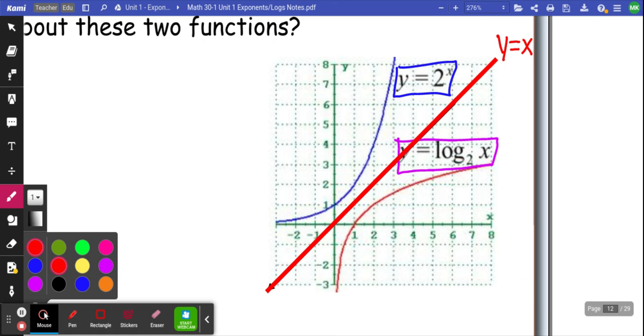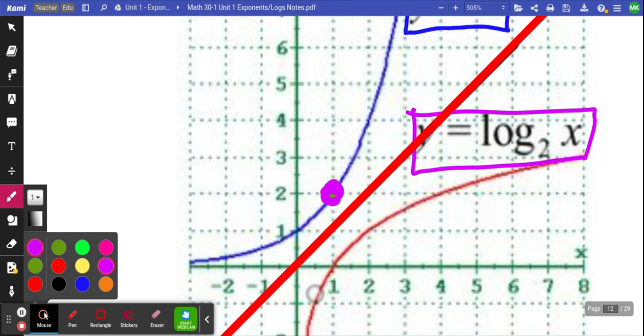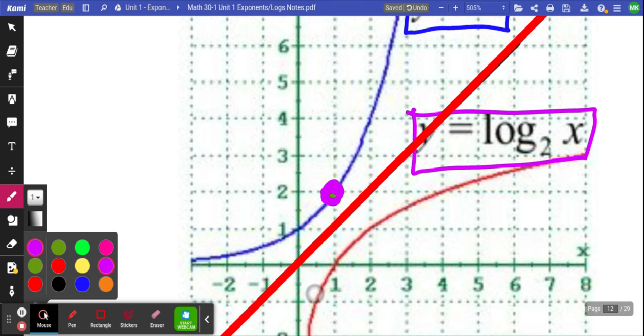This also means that if you took any point, let's see if this works. Take a point on one of your graphs. Let's say this point right here. Ooh, can you see green on there? A little bit? What's a better color? Purple? If you took a point on one of your graphs, that point is at (1, 2) on the exponential function.